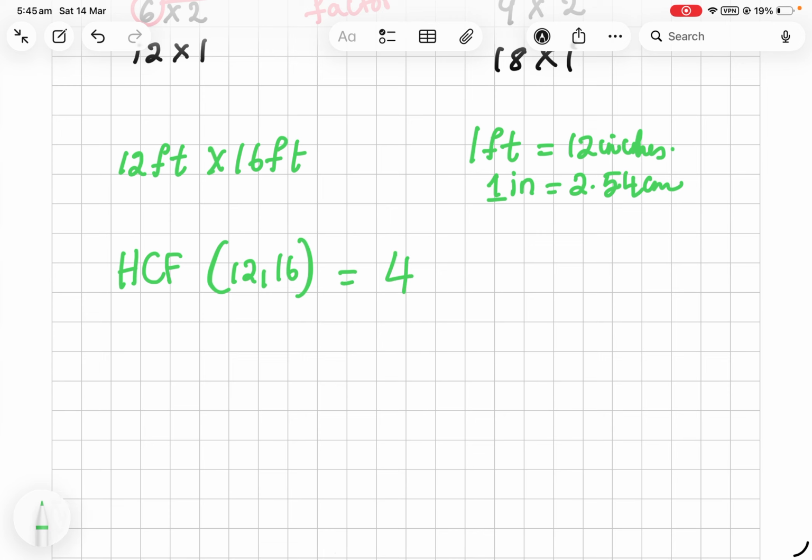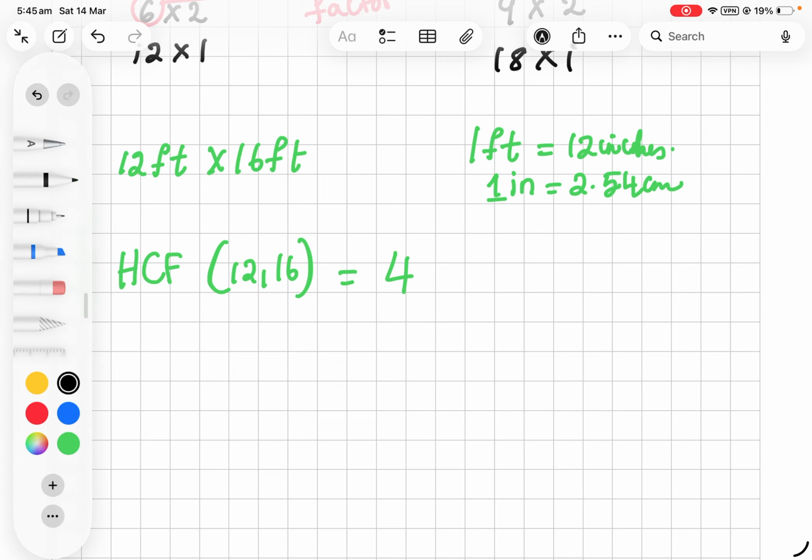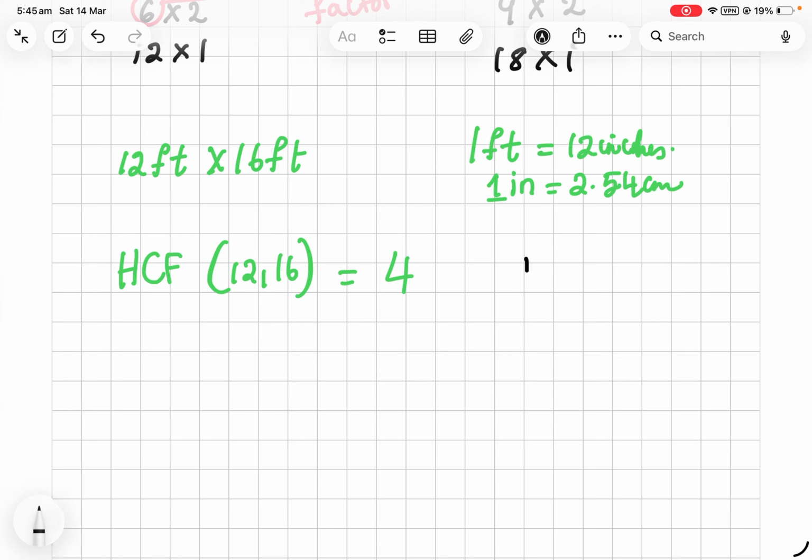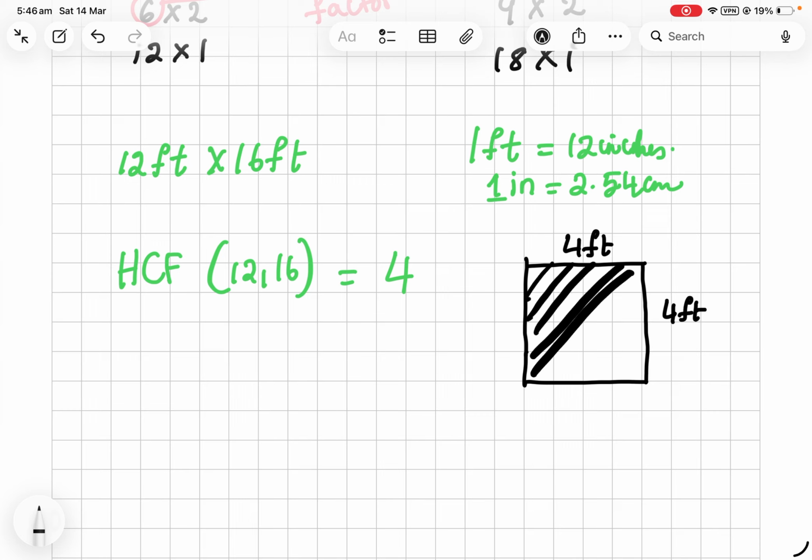So the idea is, you need to cut your tile in such a way, 1 2 3 4, it should be a square tile which is 4 feet by 4 feet. So that's how you would cut your tile to fit into a room with the dimensions of 12 by 16, and there would not be any wastage.